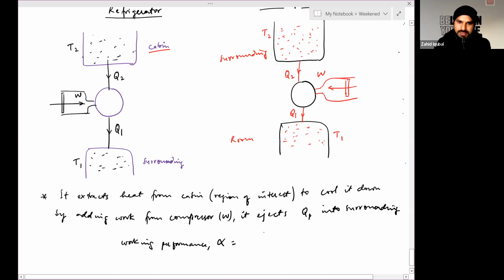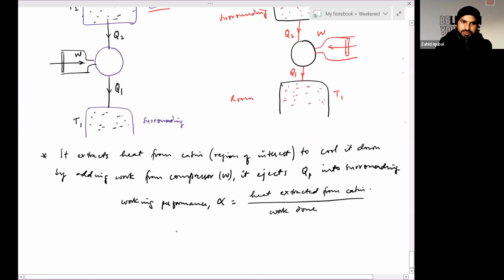So the working performance is heat extracted from the cabin divided by work done.